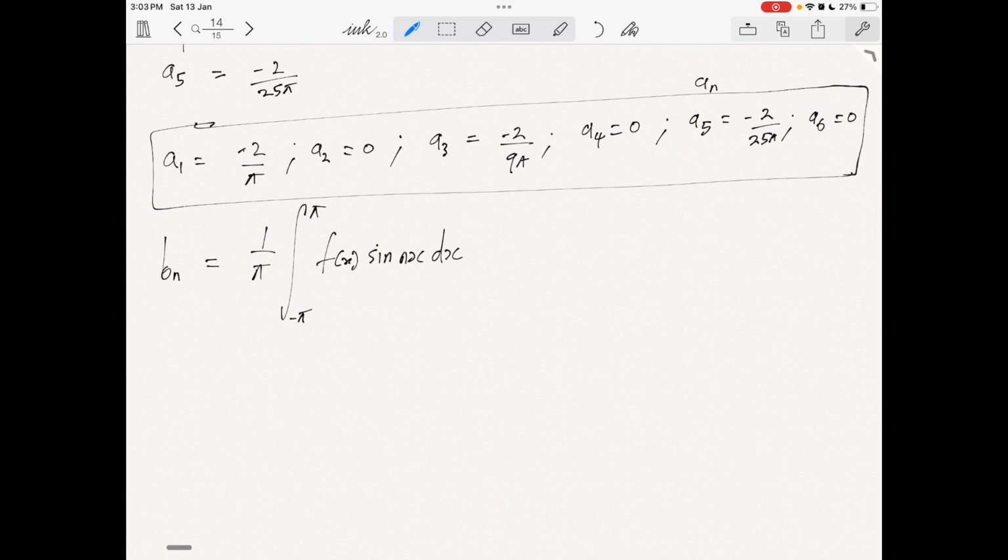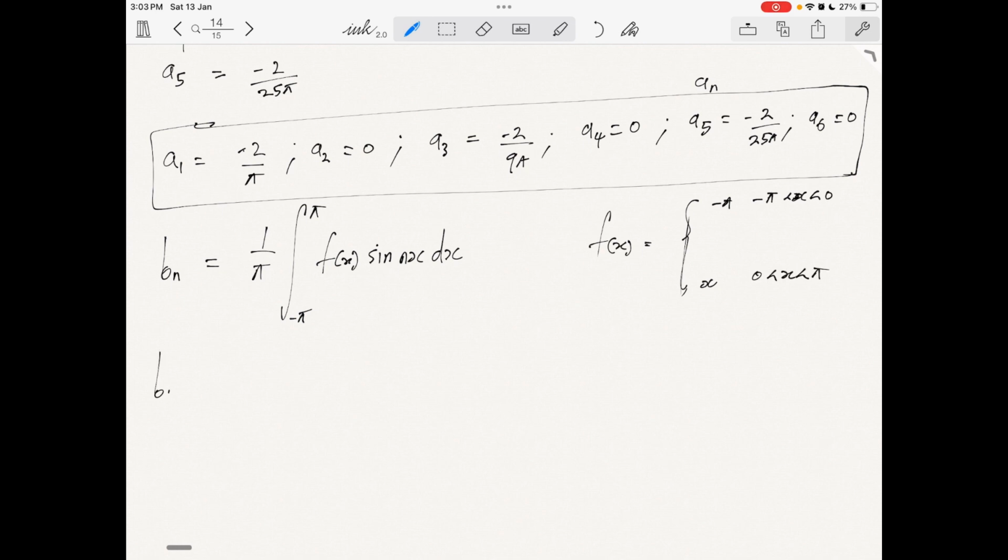Now in this case, we know that our f(x) is in two formats: from -π to 0, and from 0 to π.